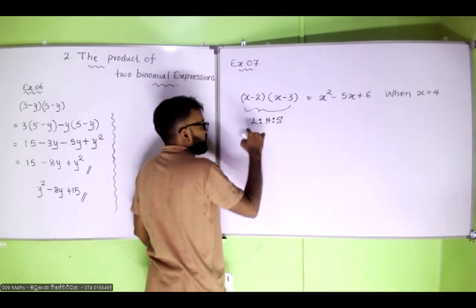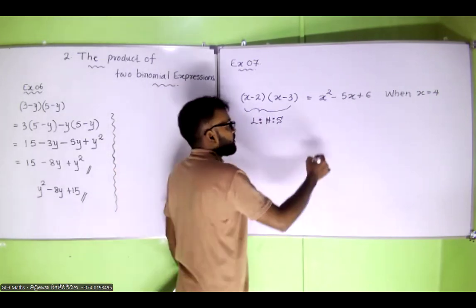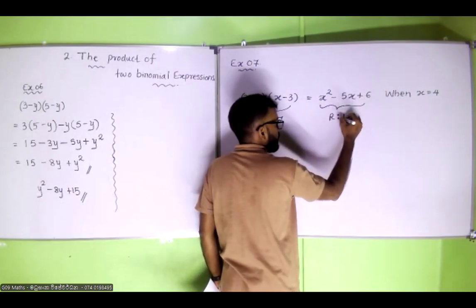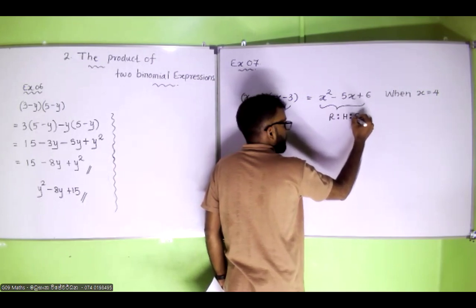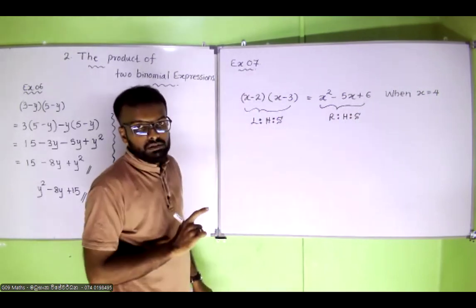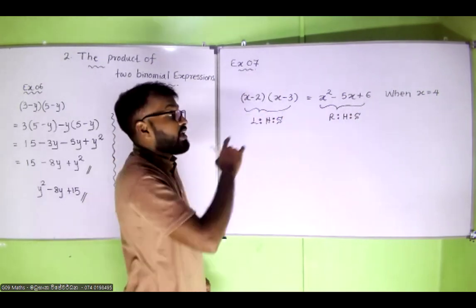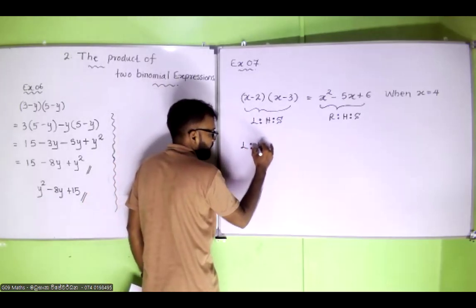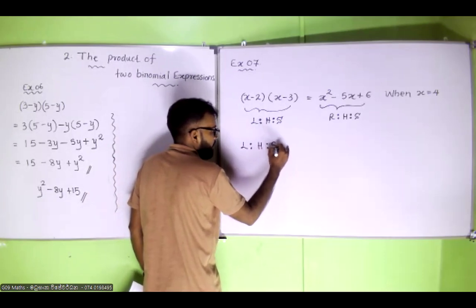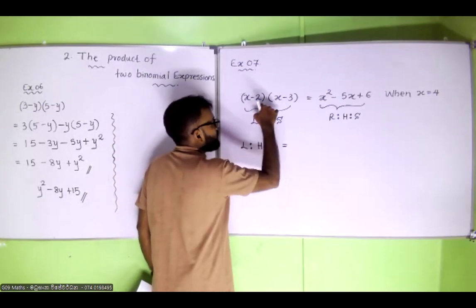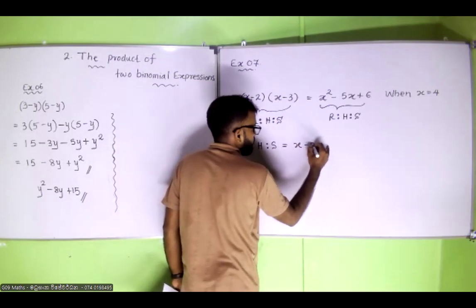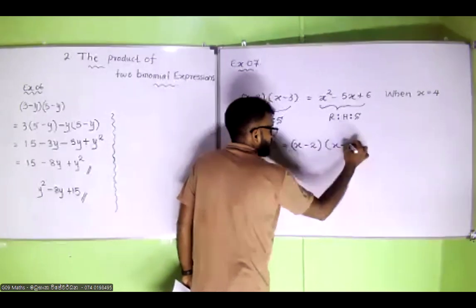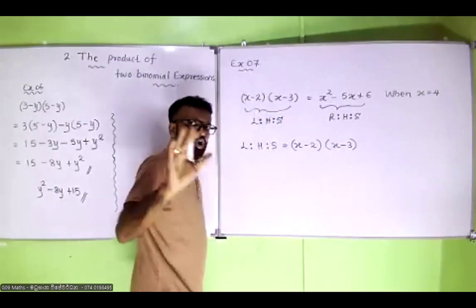Right. So this is your left hand side. This is your right hand side. So in this kind of situation, if they ask you to show that this happens when x equals 4, take LHS first. Left hand side equals this expression, x minus 2 multiplied by x minus 3. Don't think too much.